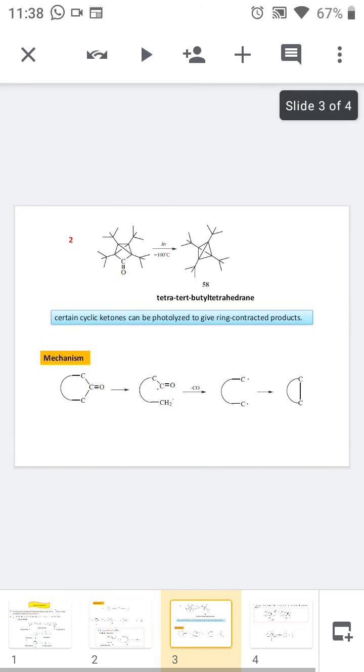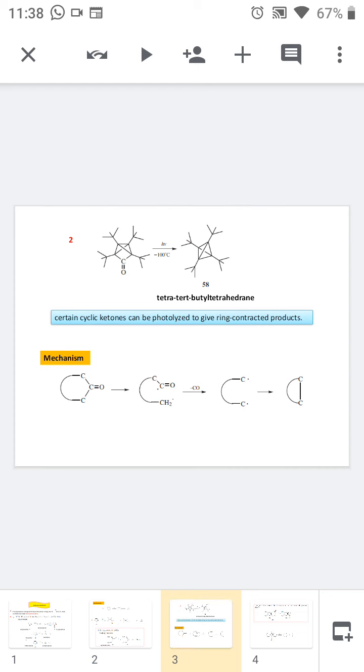And after the formation of the radical, it will undergo decarbonylation. So it will extrude the carbonyl group as carbon monoxide, which is highly stable, and so we will get two free radicals. As in the previous case, the radicals are highly unstable, so they will readily combine together to form the cyclic product.